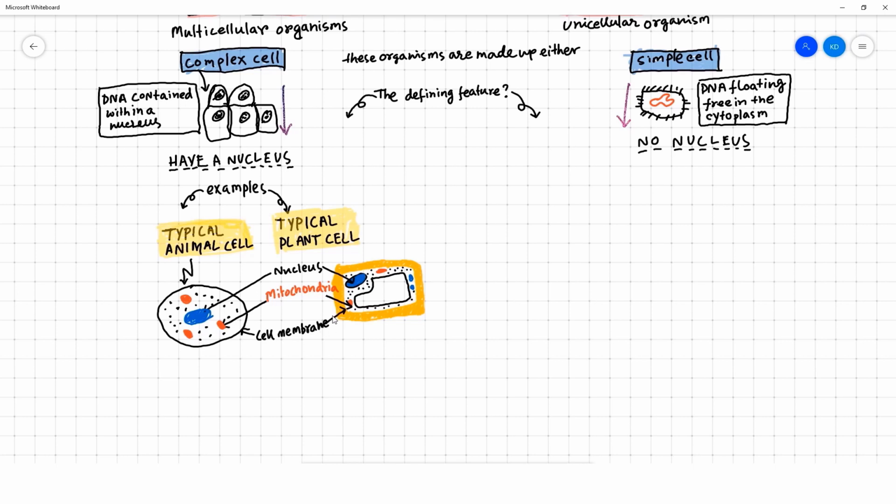Cell membrane is protecting everything. This is ribosome. Okay, ribosomes, this thing. Then this thing is cytoplasm. Now remember this thing, cytoplasm.